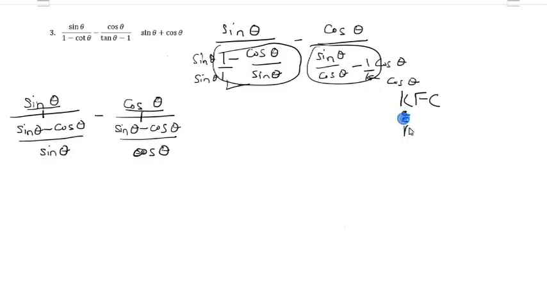You keep your numerator, you flip your denominator, and you change to multiplication. Okay, so I'm going to keep my numerator for this one, so I still have the sine theta over 1, right? I'm going to flip my denominator here, so this gets flipped.